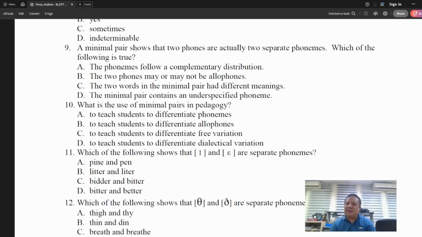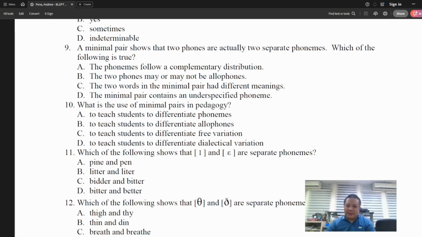There are phonemes in English that are not found in Filipino, like the Z. And we need to differentiate the Z from the S. And we use minimal pairs to show that those two phonemes are actually different.